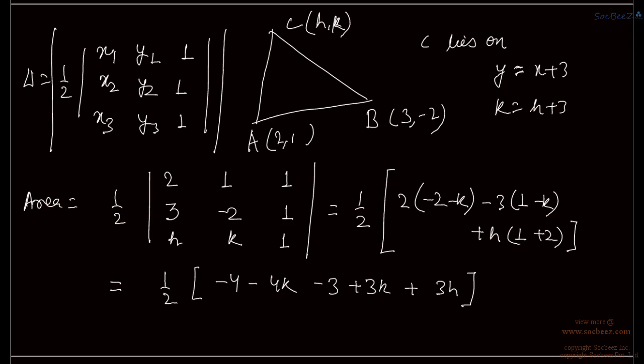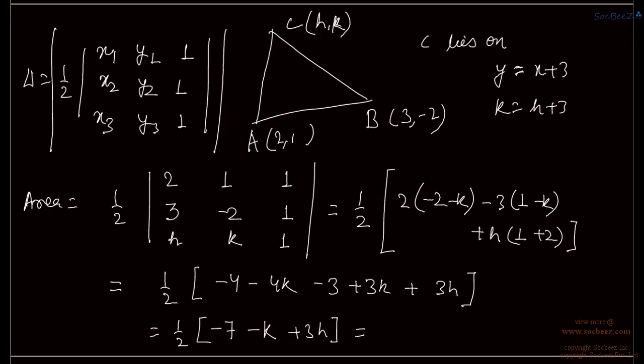And if we substitute the value of k as h plus 3, or h as k minus 3, whatever, so this will be equal to minus 4 minus 3 as minus 7, minus k, plus 3h, right?